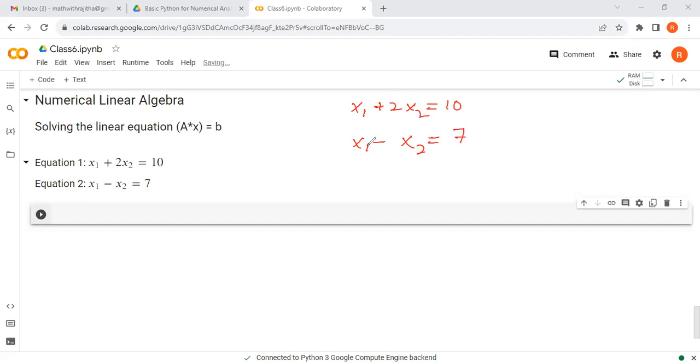I can rearrange the left side to obtain the matrix form. The first equation becomes the first row: coefficient of the first variable 1, coefficient of the second variable 2. The second row: coefficient of the first variable 1, coefficient of the second variable minus 1. Then x1, x2, equals 10, 7.